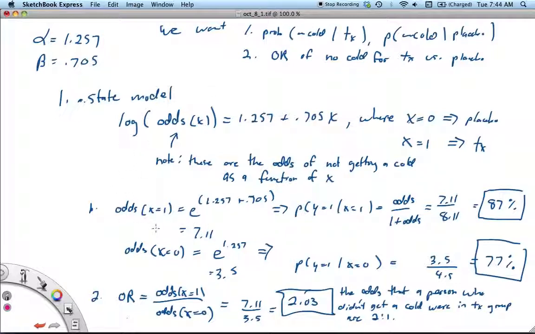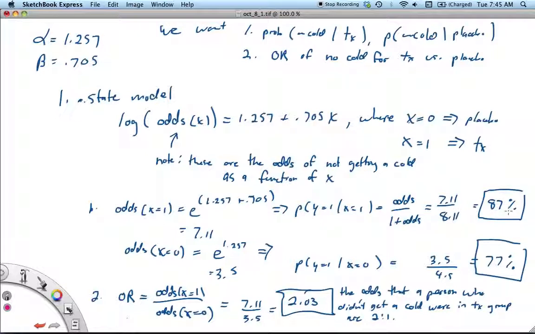So we basically unpack this log thing a bit, and we can say that the odds of not getting a cold given that we were in the treated group should be e to the alpha plus beta x. So this is our odds, and we know that the probability, in this case, of not getting a cold, given that we were treated, is just the odds of that situation over 1 plus the odds. And when you do this out, you get 7.11 over 8.11.